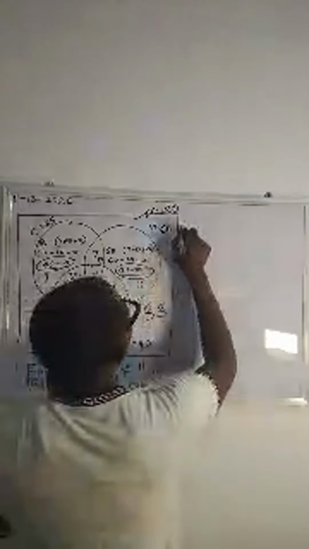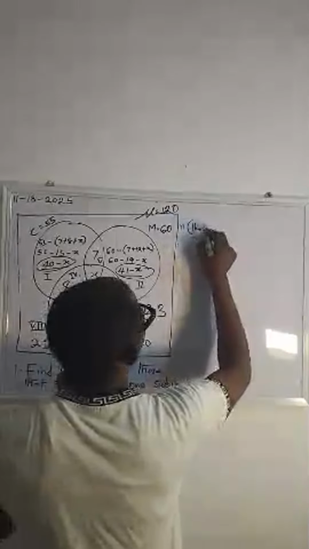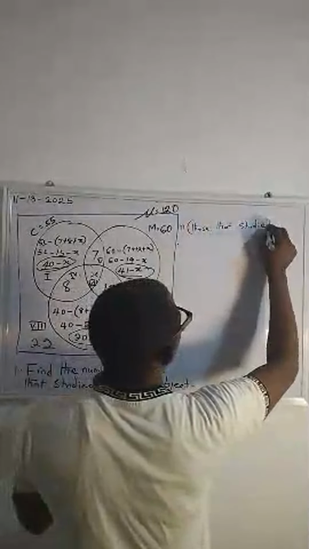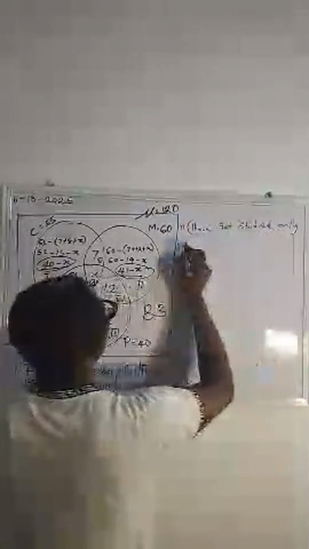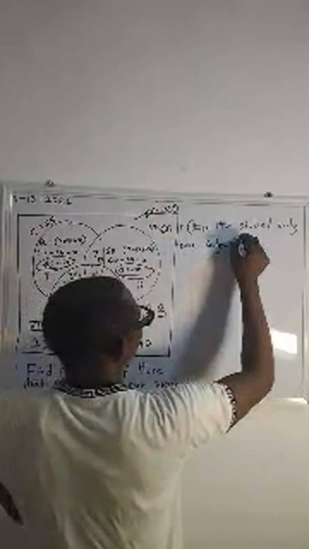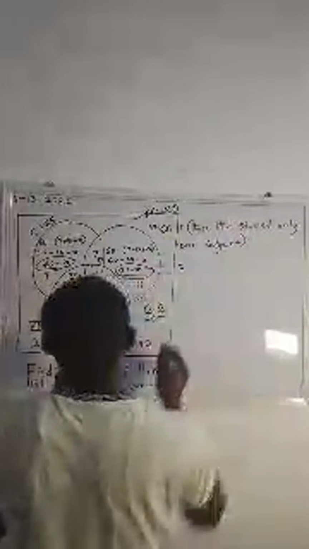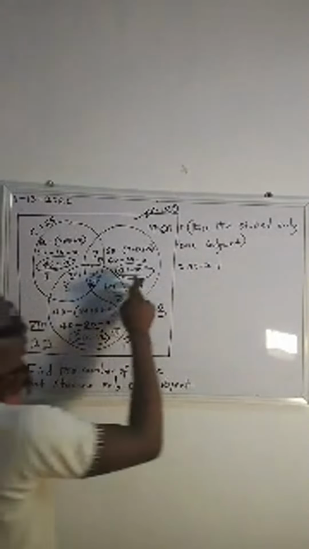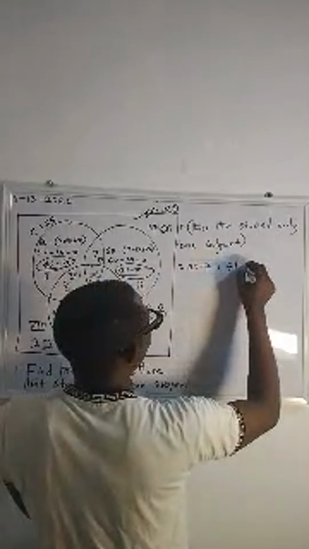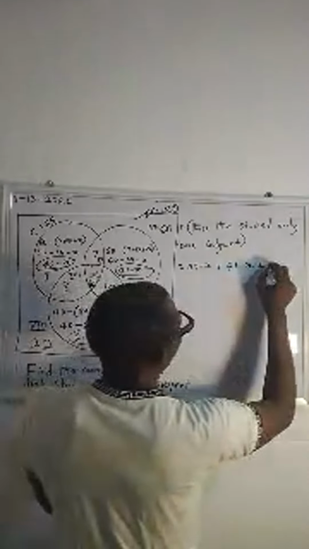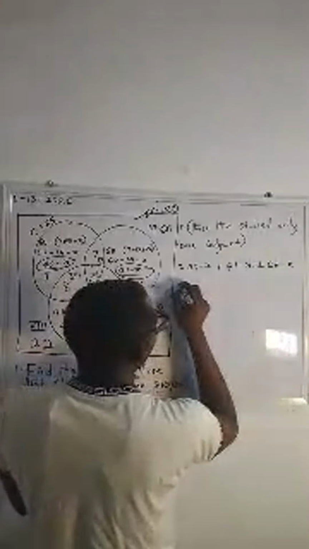So I will write: number of those that studied only one subject will be equal to, now let's add only chemistry, we have 40 minus x, plus only mathematics, we have 41 minus x, and only physics, we have 20 minus x.